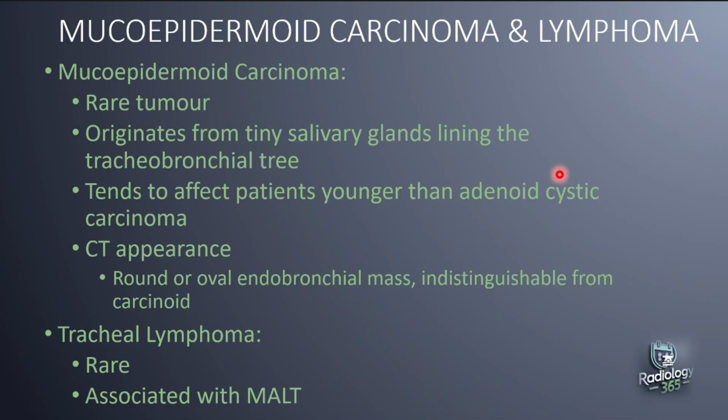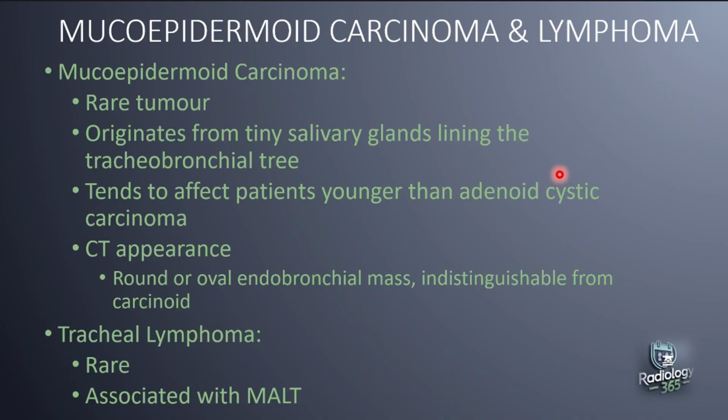Now to mucoepidermoid carcinoma and lymphoma. First, start off with mucoepidermoid carcinoma. It's a rare tumor that originates from tiny salivary glands lining the tracheobronchial tree, and that makes sense because, as the name implies, it's mucoepidermoid. It's lining and it's mucus producing.